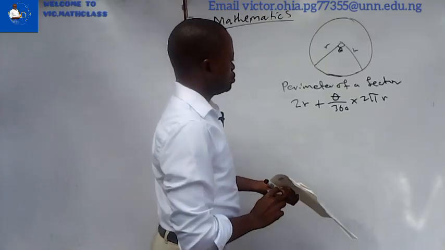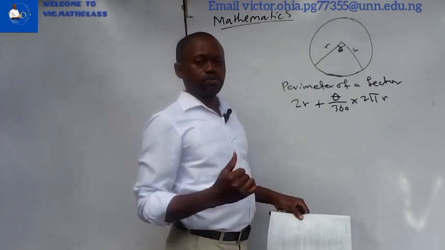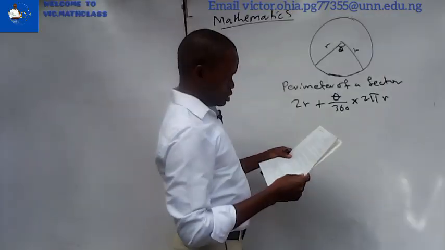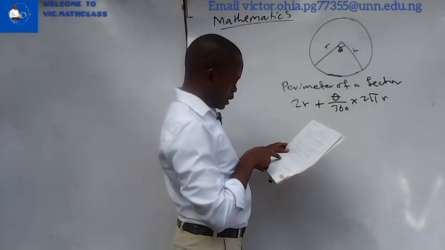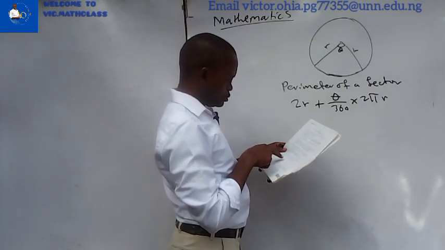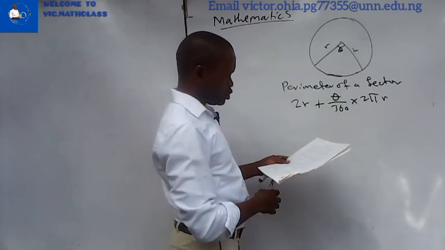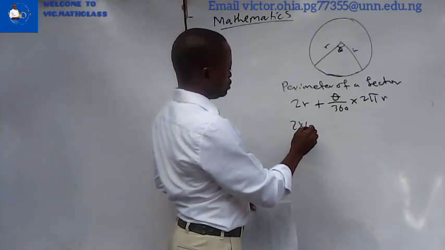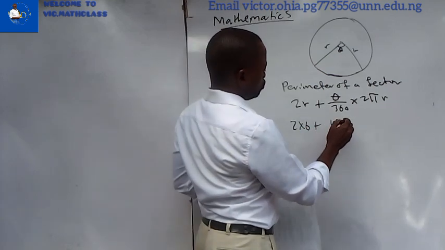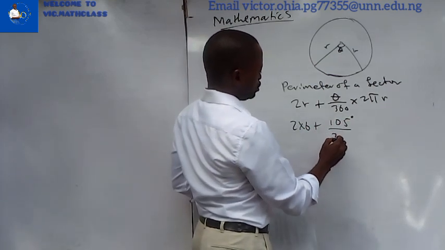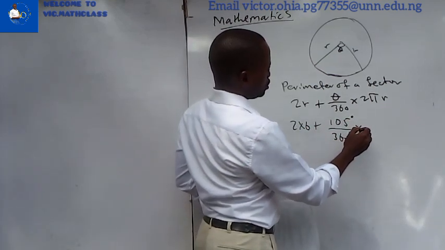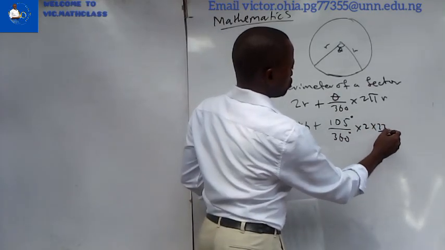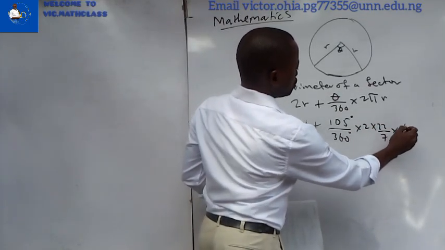If you visit the previous classes, like I said, we've done a lot of work on this. The radius of this circle as given to us here is 6 cm, and the angle at the center is 105 degrees. So here we have 2 times 6 plus 105 degrees over 360 degrees, times 2 times 22 over 7 times 6.